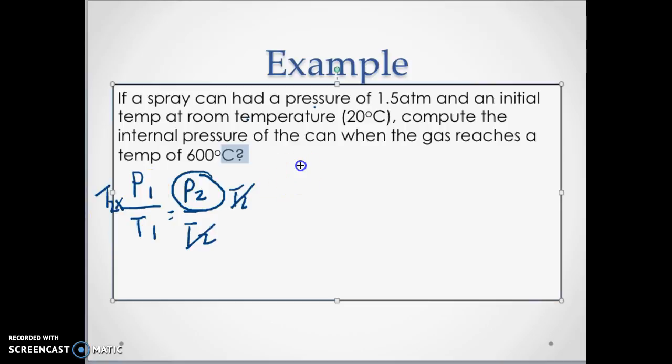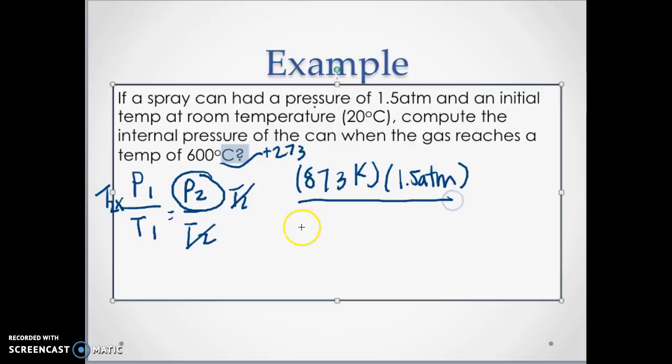So T2 is going to be 873 Kelvin. I got that by adding 273 here to make it Kelvin. And then P1 is going to be 1.5 ATM. And T1 is going to be 273 plus 20, which is 293 Kelvin.